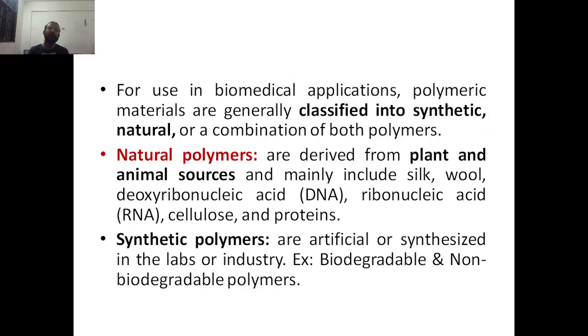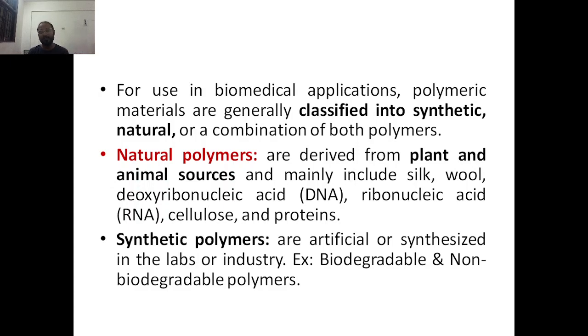For use in biomedical applications, polymeric materials are generally classified into synthetic and natural, or you can use a combination of both. Either I can go for natural biopolymers, or synthetic polymers, or both together at once, depending on the need or requirement of the patients.